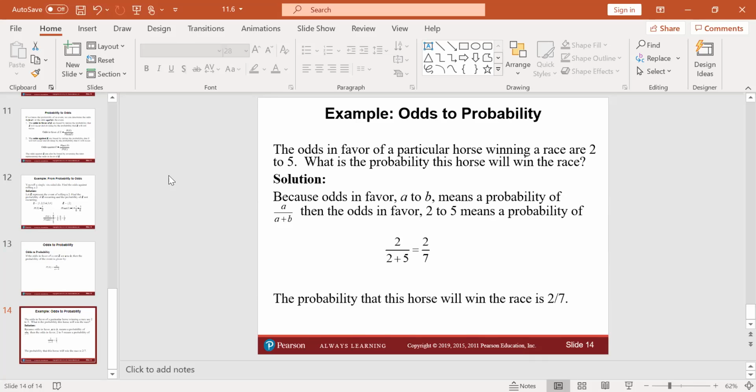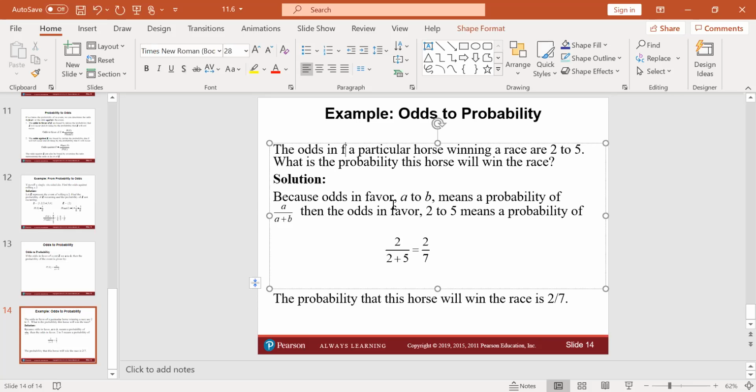If the odds against the horse were 2 to 5, that means that 2 of the chances go against the horse, 5 of the chances go in favor of the horse. So the horse actually has a 5/7 chance of winning. You just have to read it very carefully. So the odds against, let's change it up. The odds against a particular horse winning are 2 to 5.